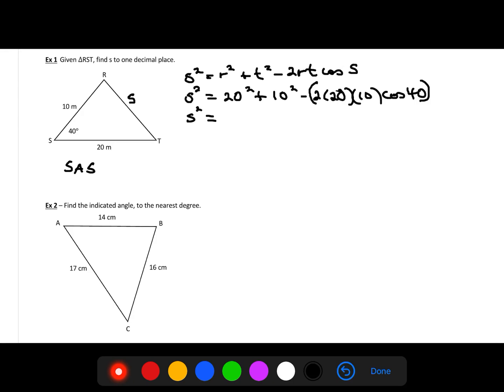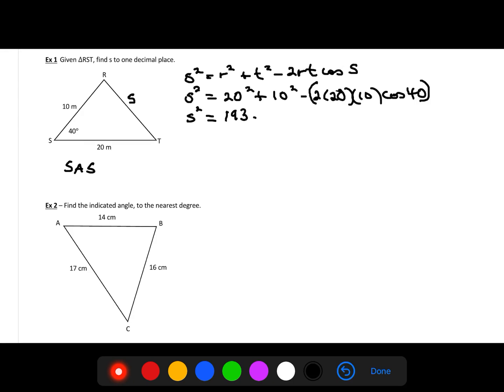So we are going to now put this into the calculator. 20 squared plus 10 squared minus bracket 2 times 20 times 10 times cos 40. And we press equals.